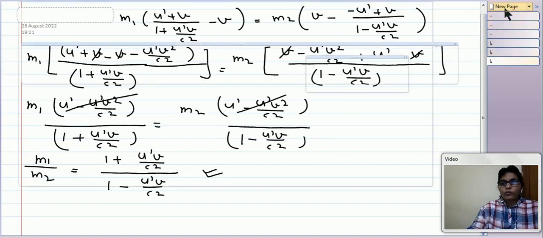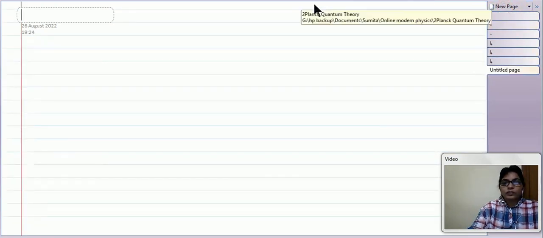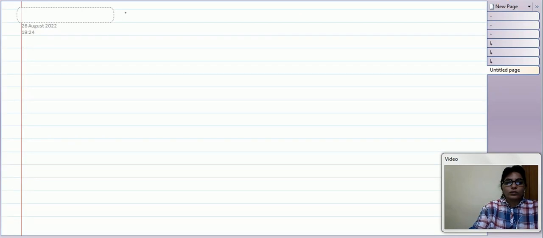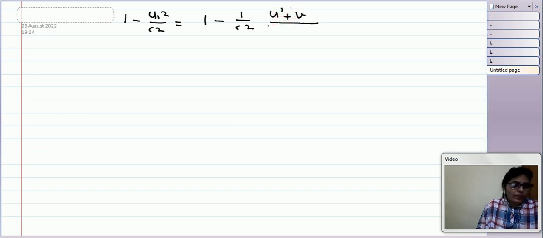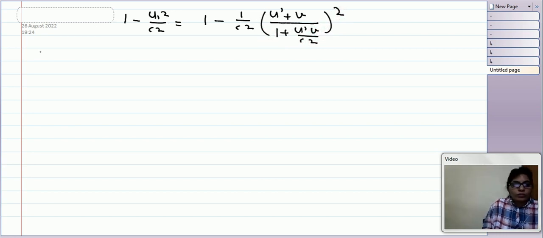Now we will do some more calculation and let us find out 1 minus u1 square by c square. So this will be 1 minus 1 by c square and then value of u1 square. u1 square means it is u dash plus v divided by 1 plus u dash v by c square and then whole square. So this we have to find out.